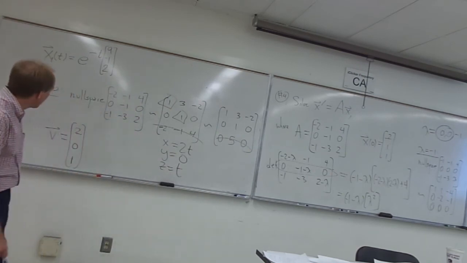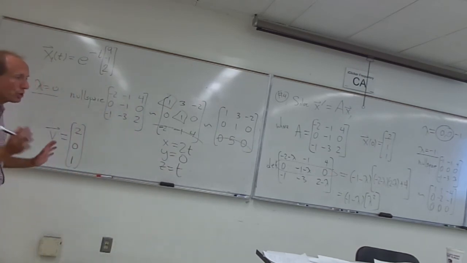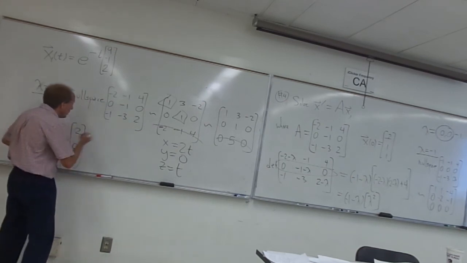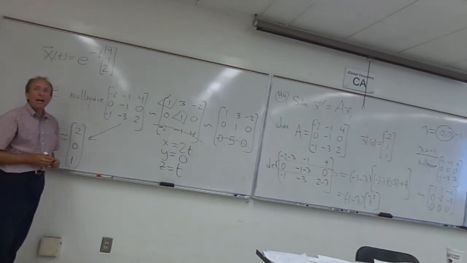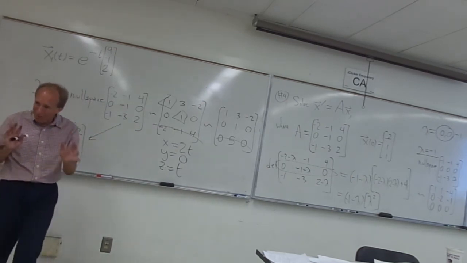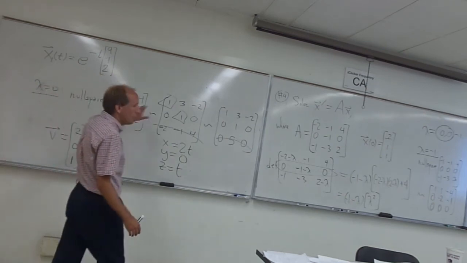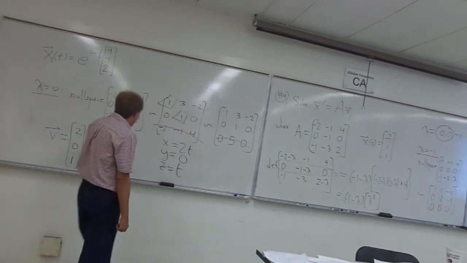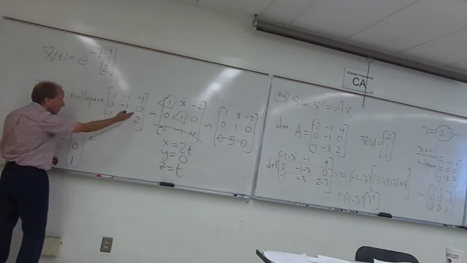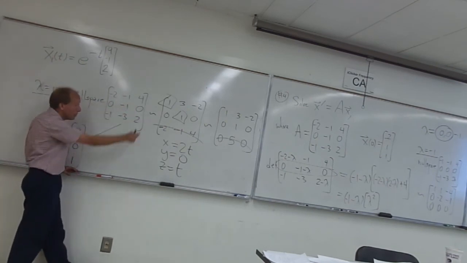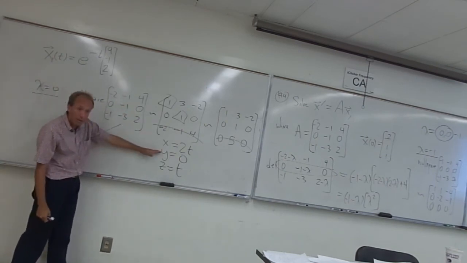Yeah. Okay. You know what, guys? Just so you know, and I don't want you to jump steps that you're not comfortable with on the test. I would rather have you do this and get it right. But just looking from here, you can already see from the middle row that y is 0.